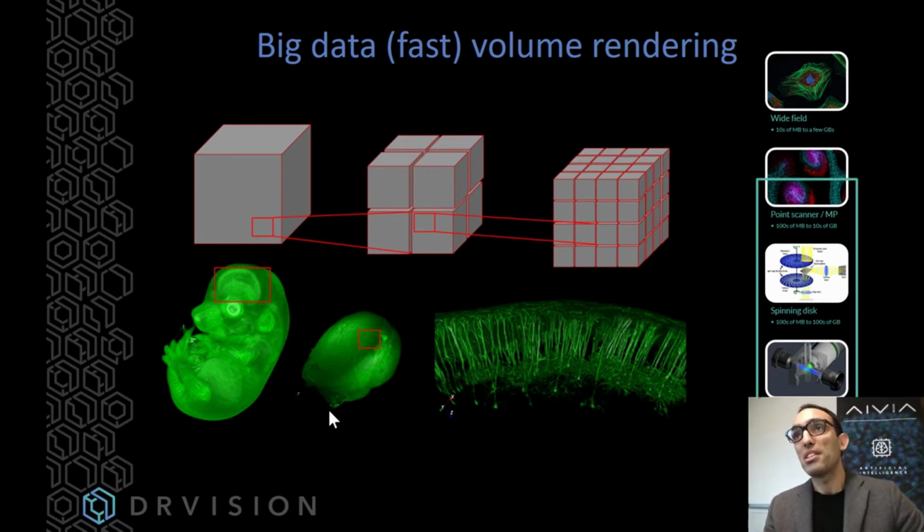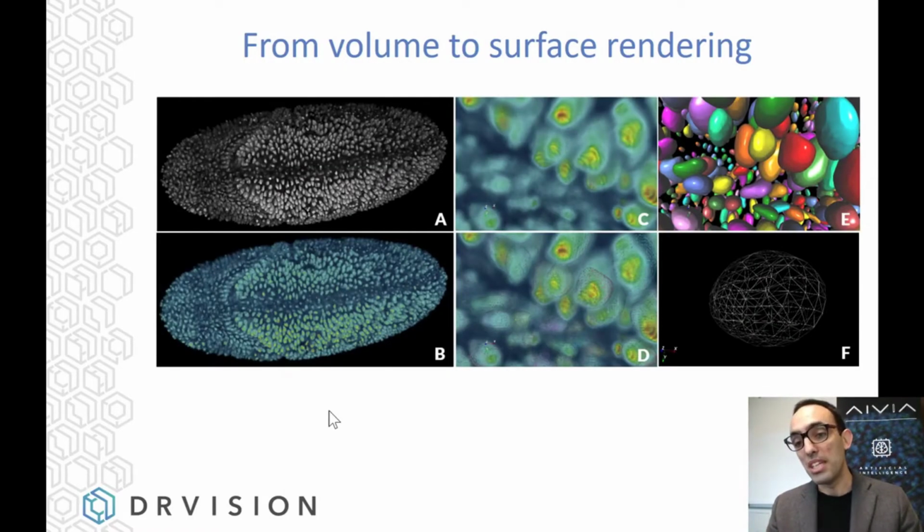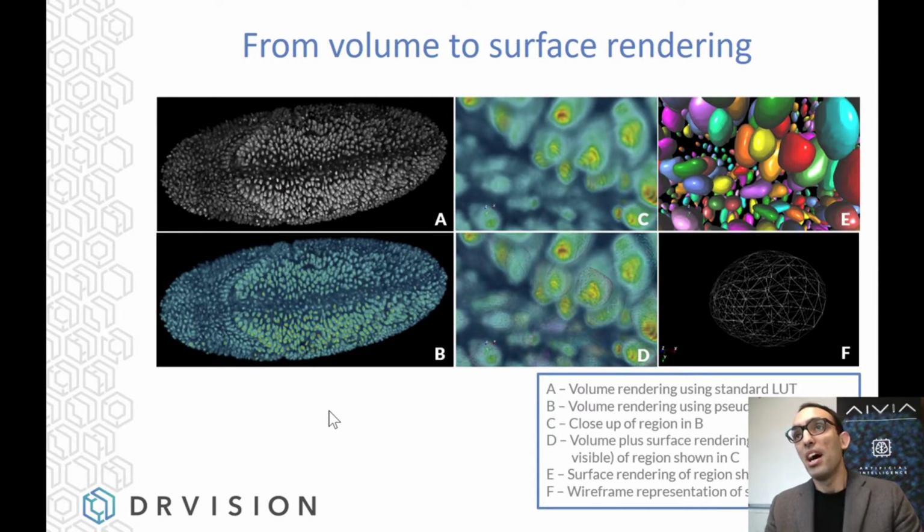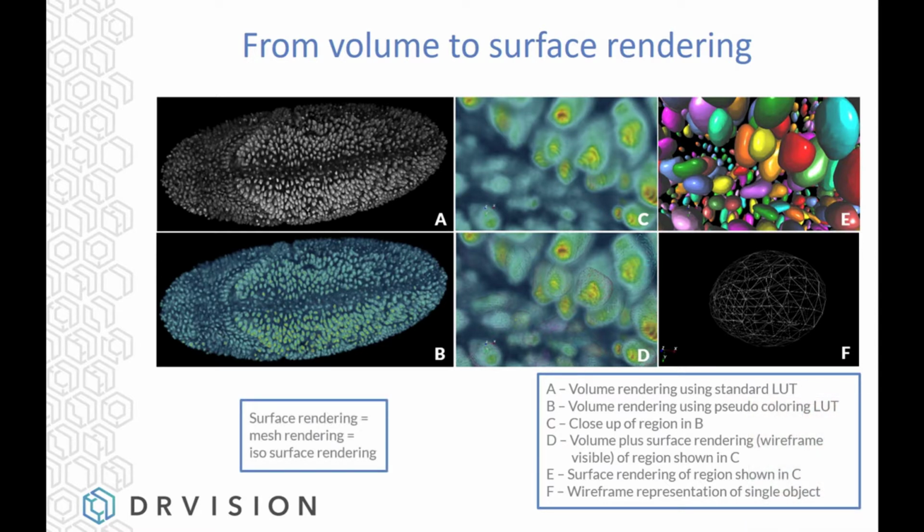But if you're doing image analysis of large images, volume rendering is only so good. It will let you look at the data, but it won't really help with the analysis side of things. So the standard volume rendering comes typically with this kind of color, so black to white, and each pixel that you acquire, so creating optical sections with your microscope, each pixel will have an XYZ position and an intensity.